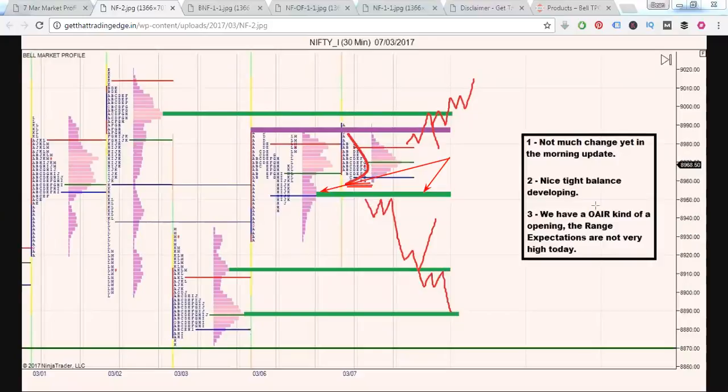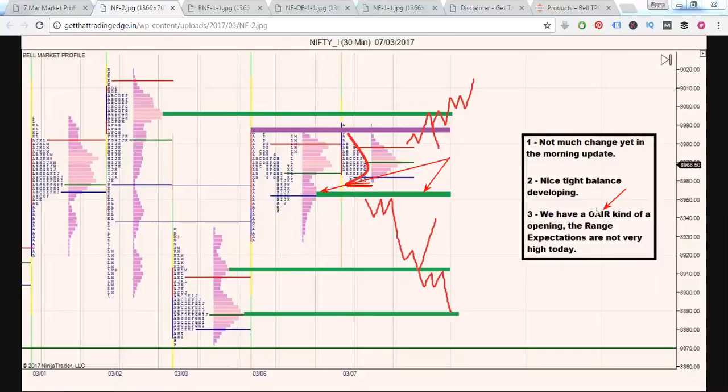But the opening was an open auction inside the range, and whenever this kind of opening happens, expectations for range are very low. We could not even match yesterday's range. So the value area was contained completely inside yesterday's value area.